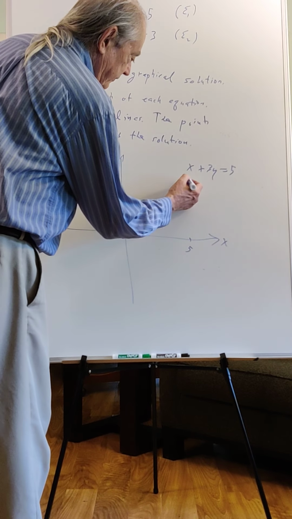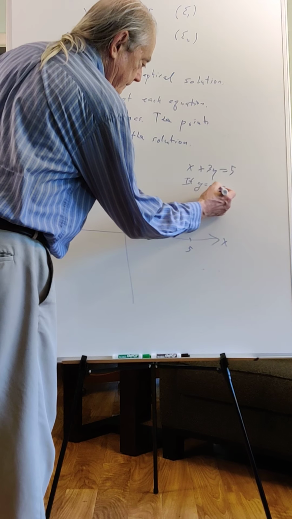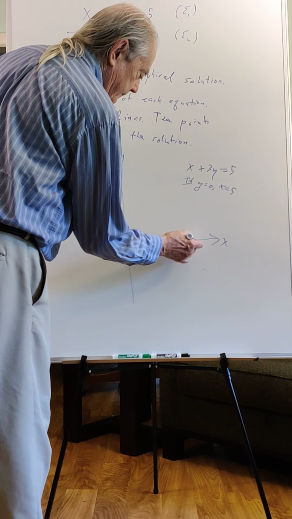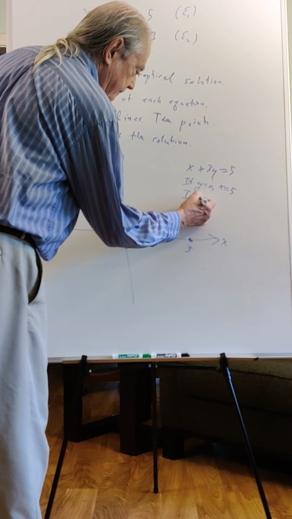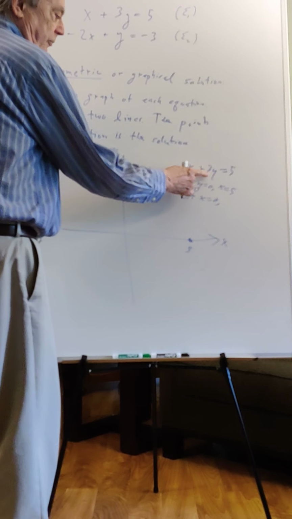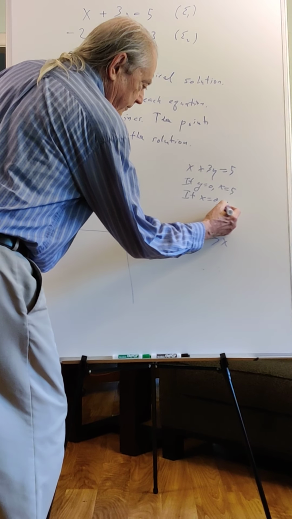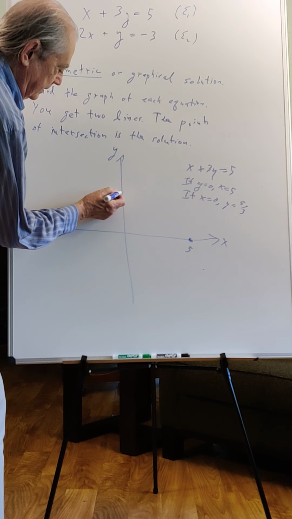If y is 0, x is 5. That's this point. And if x is 0, three y is 5, so y is 5/3. That's this point.